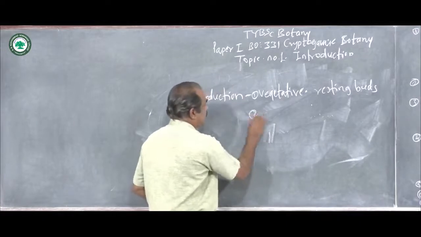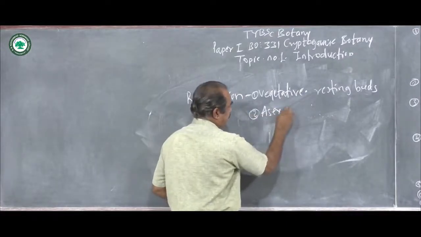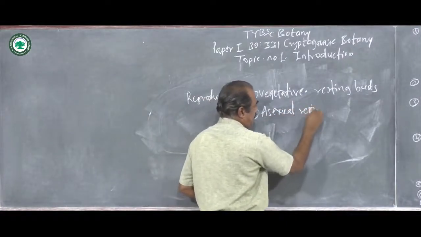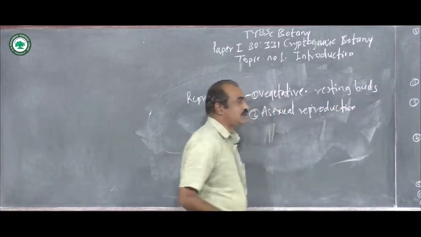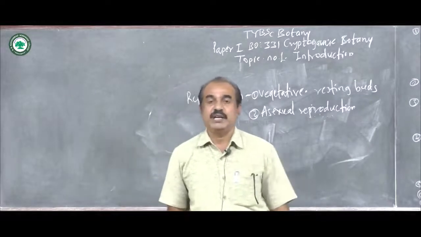Second is the asexual reproduction. Now this asexual reproduction in pteridophyte takes place with the help of spores.